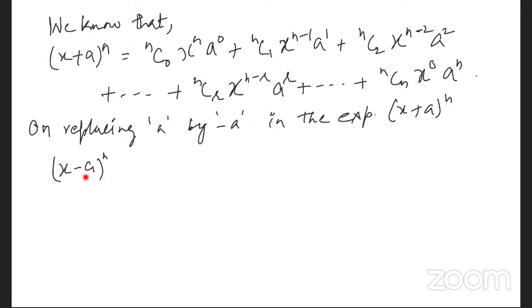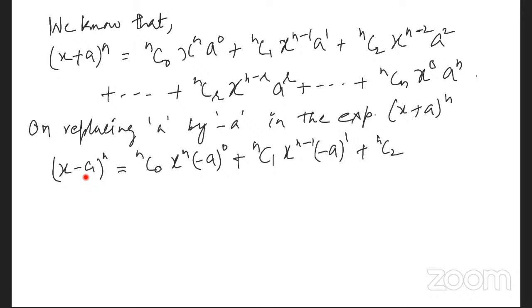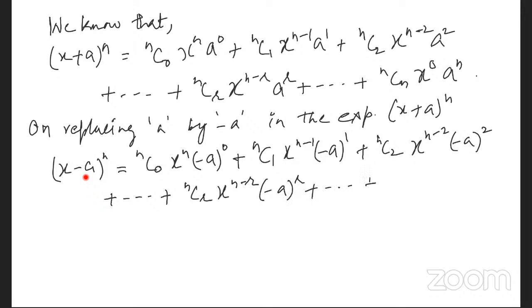So this can be written as nC0 x to the power of n, minus a whole power 0, plus nC1 x to the power of n minus 1, minus a whole power 1, plus nC2 x to the power of n minus 2 into minus a whole square, plus so on plus nCr x to the power of n minus r into minus a whole power r, plus so on plus nCn x to the power of 0 minus a whole power n.